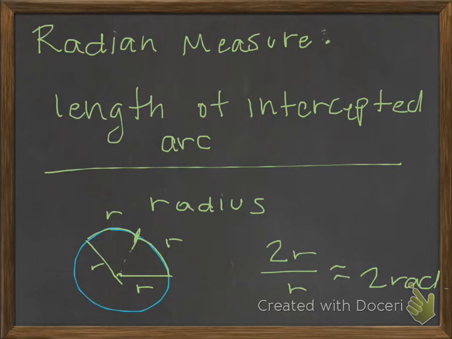Okay? So to bridge the gap between radians and degrees, if we take this formula, the length of the intercepted arc, and we think about a whole circle. If I had a full circle, the vocab word that we use for the entire arc is what we would call circumference.